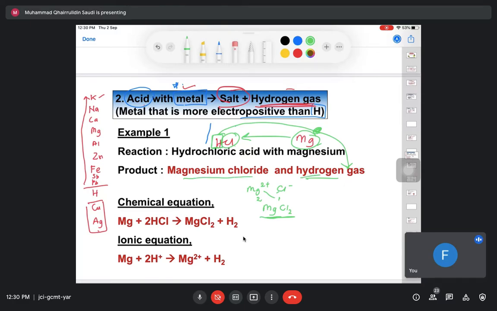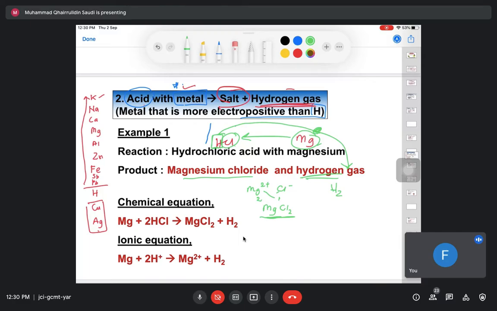How about hydrogen gas? What is the chemical formula for hydrogen gas? Yes, H2. H+ is ion. Yang mana the plus and minus is ions. Okay.